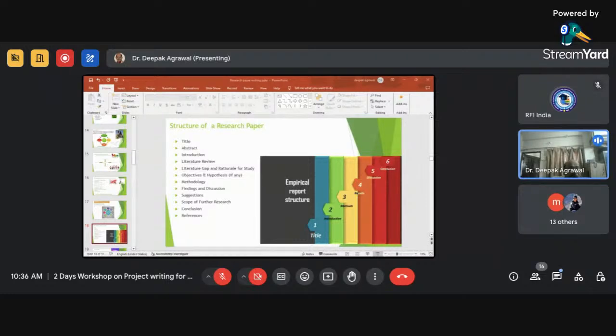So it basically provides a base of weightage to your work. RFI conducts various independent sessions on all of these topics, so you can join later whenever such events are held. So, writing a literature review, and after that, in the same point, we identify the available literature gap you have studied.